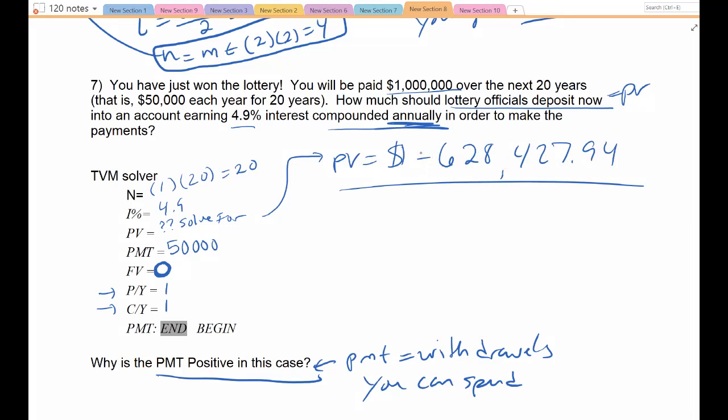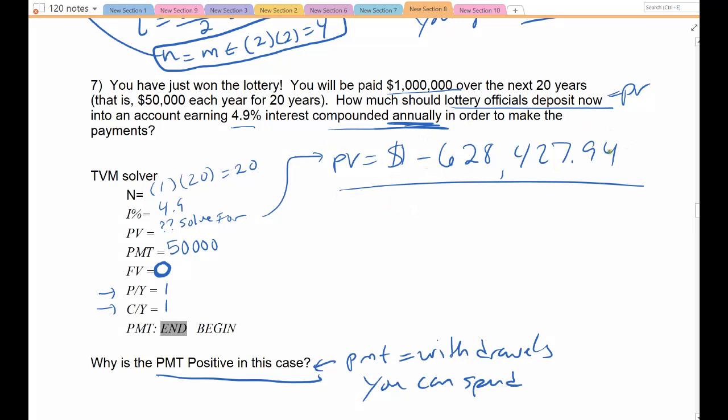You can't go to the bank and say, I want that $600,000. You can't do that. You get $50,000 every year for 20 years. You can't take that money out. It's sitting in there earning interest for 20 years. So for 20 years, there's money in the account. At the end of 20 years, it's zeroed away. So that is why it's negative. It's money you can't touch.